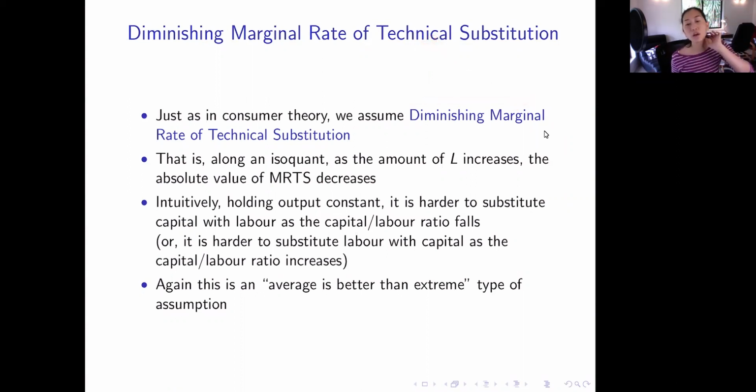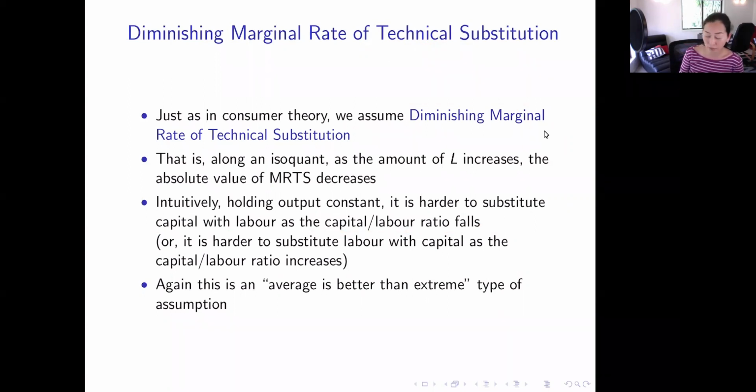Intuitively, holding output constant, it is harder to substitute capital with labor as the capital-labor ratio falls, or harder to substitute labor with capital as the capital per labor ratio increases.